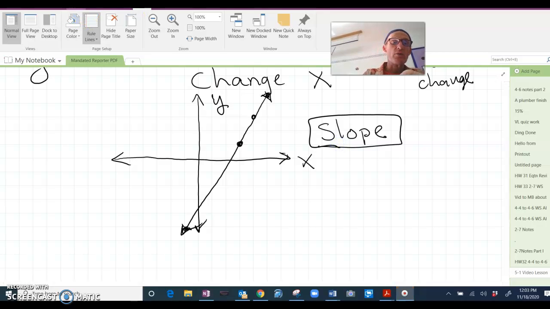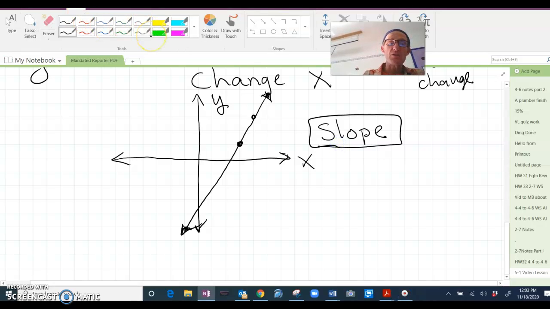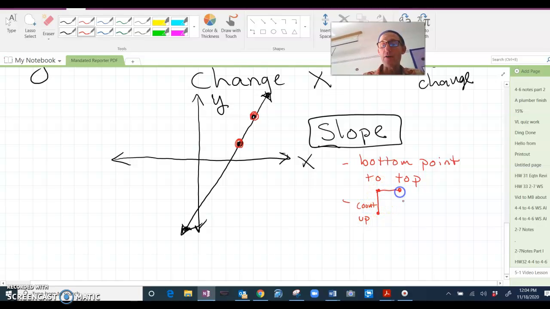What you have to do for this is go from the bottom point to the top point. And what you do is you're going to count up and you're going to count over.